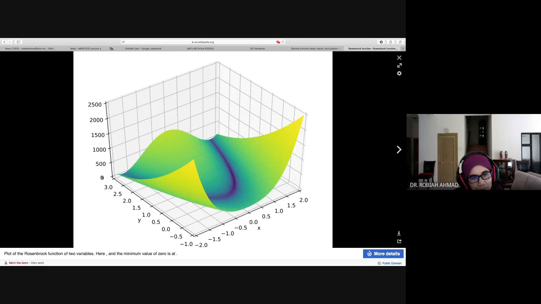So we take this value, 3 to minus 1, minus 2 to 2.